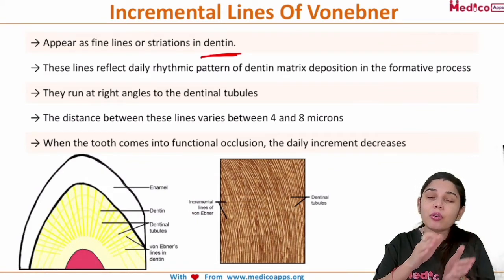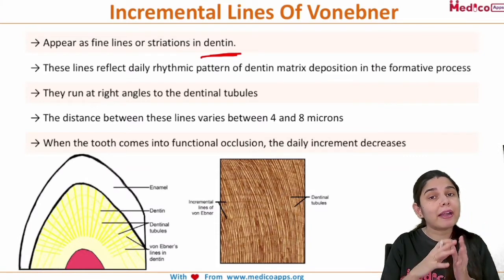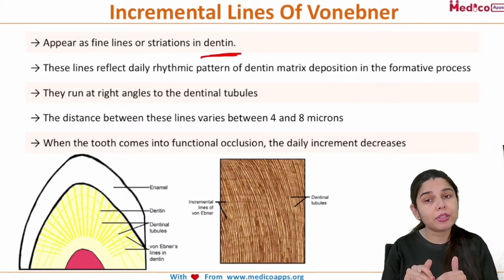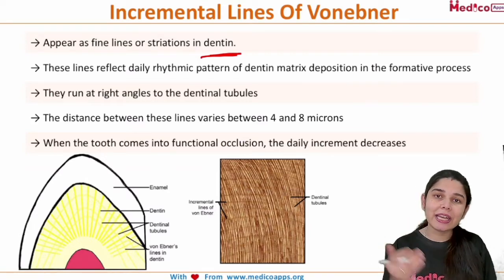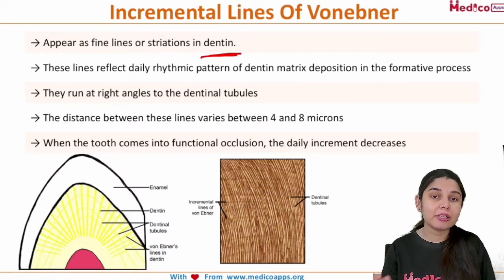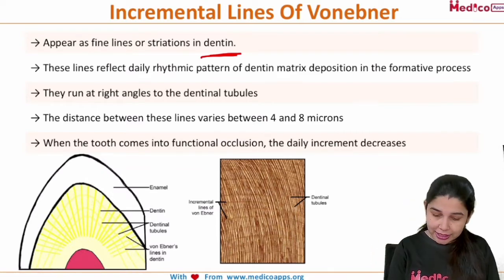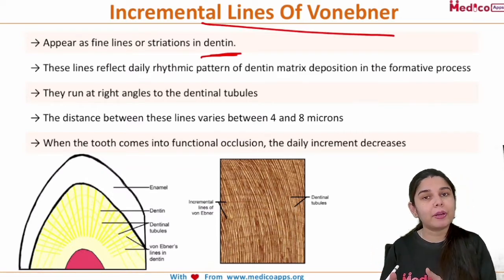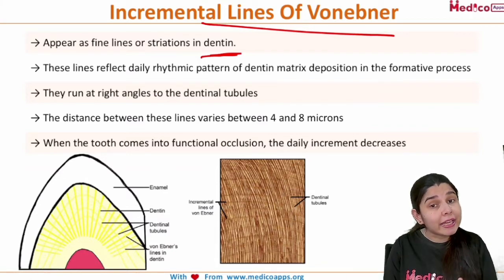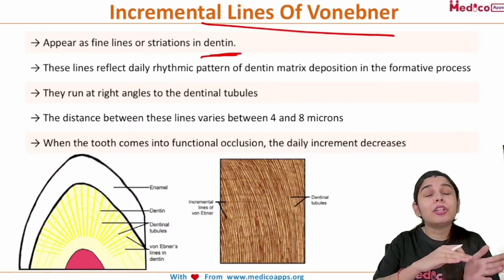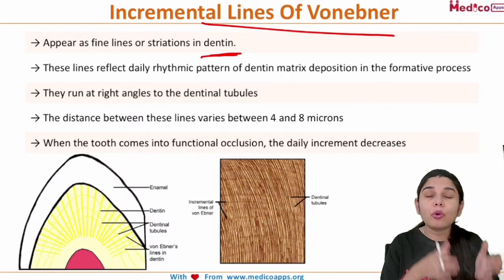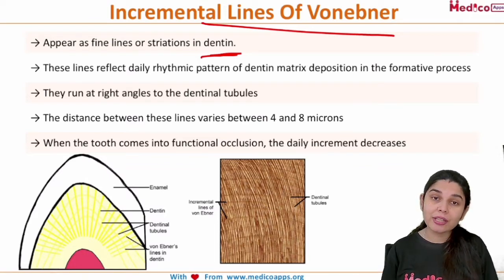There is a daily rhythmic pattern of dentin deposition during the formation process of the dentin. The rhythmic pattern of these lines shows the incremental lines of Ebner, which are seen when the dentin is being deposited during the formation process.